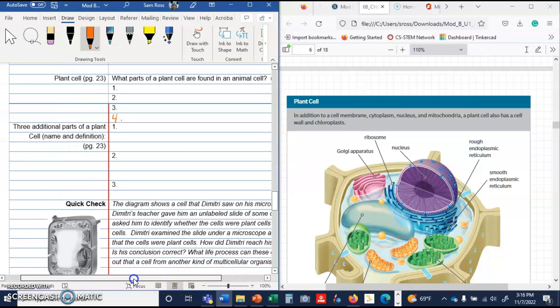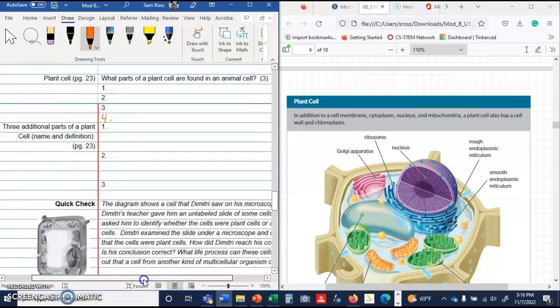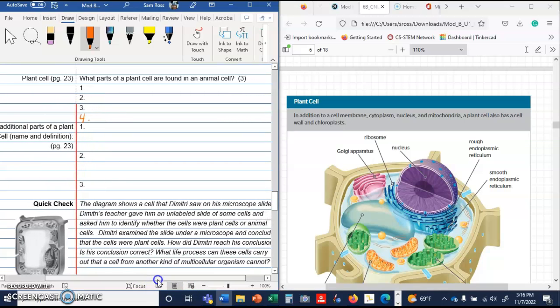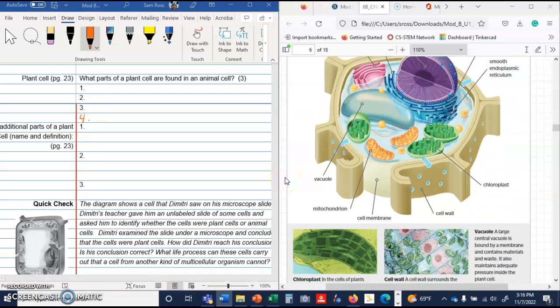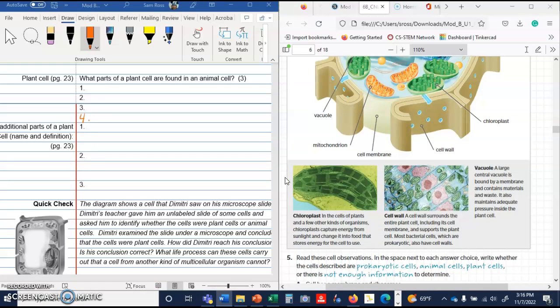And then 3 additional parts of a plant cell that are not in an animal cell, those are going to be down here at the bottom: the chloroplast, the cell wall, and the vacuole. Okay, and you're going to want to define those.